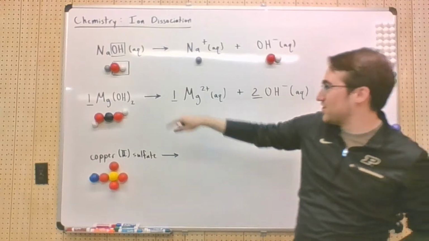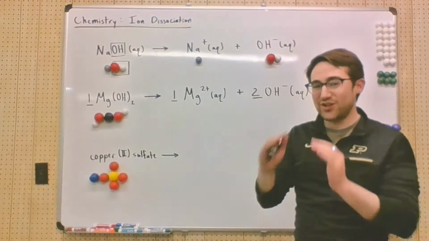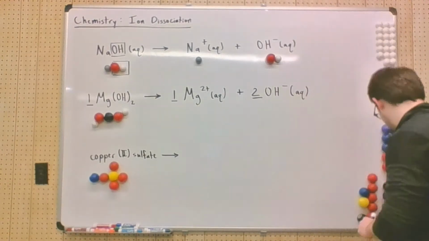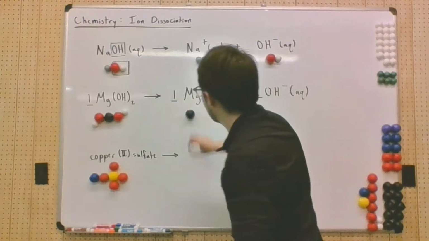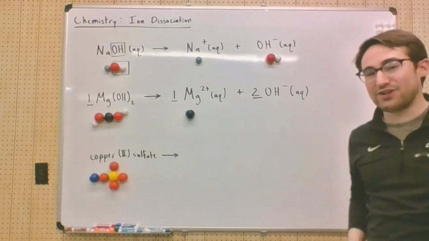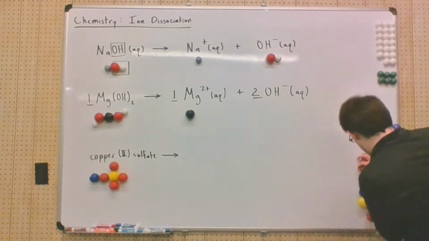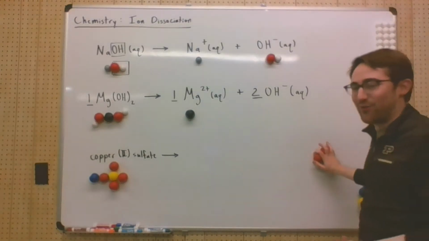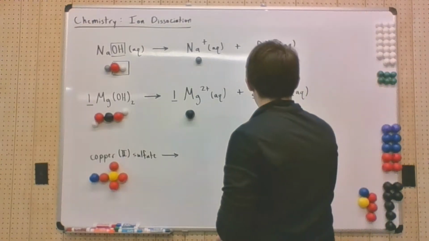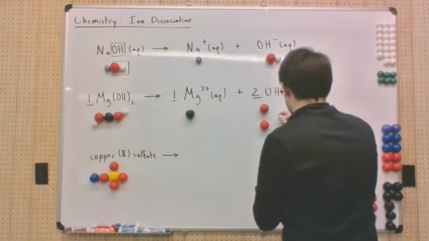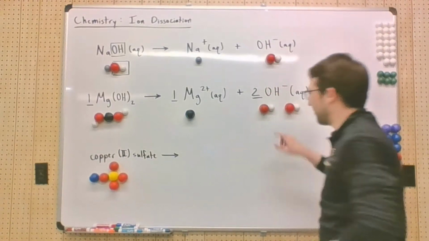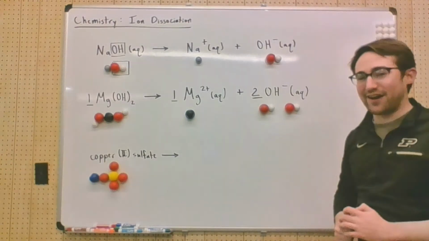We've got our Mg(OH)2, 2 hydroxides in there, breaking into a magnesium ion, like that guy, and 2 of our hydroxides. Drop a couple of those, it's fine, don't worry about it. Okay, we're all good. So I'm breaking that up into 2 separate hydroxide ions.